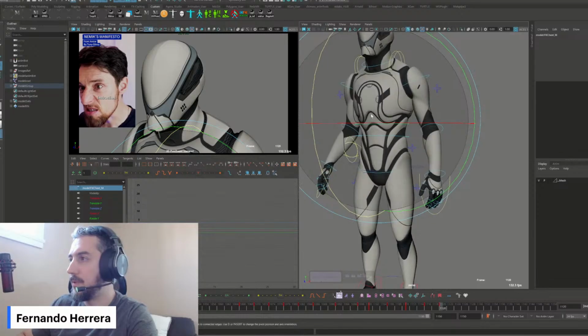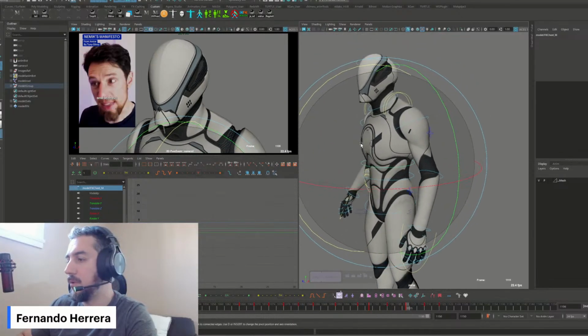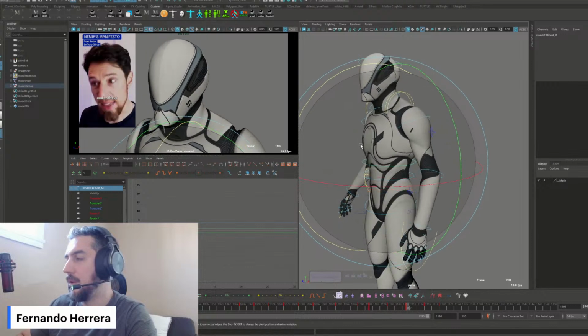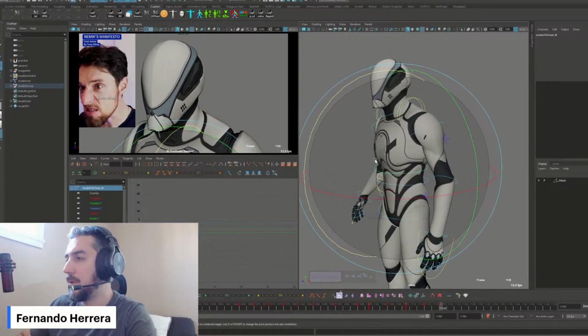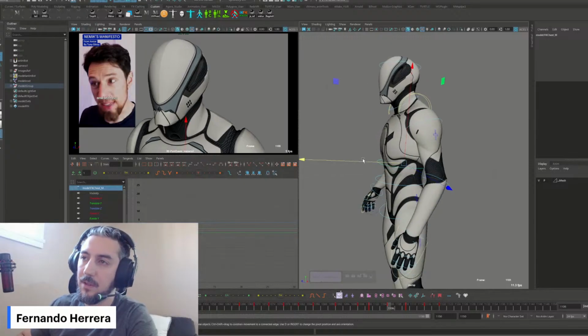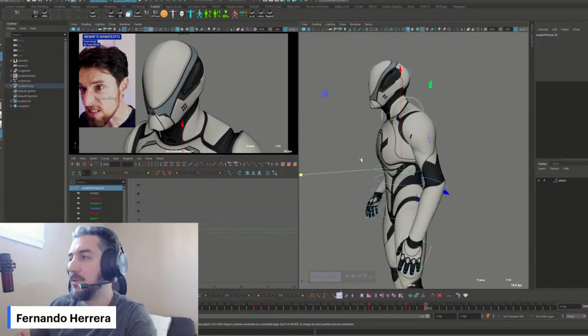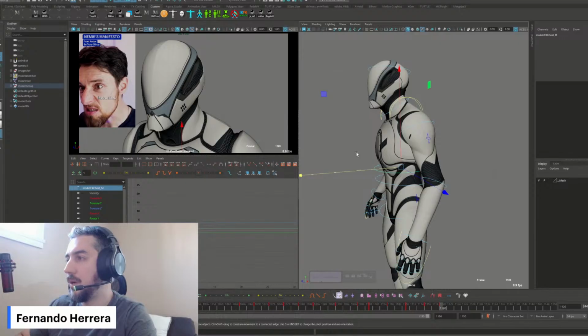What happens sometimes as well is that, depending on the style you're animating, the creative part is going to be more in the planning than in the actual Maya part. And sometimes it's going to be more about whatever you do in Maya to make it appealing and more stylized.